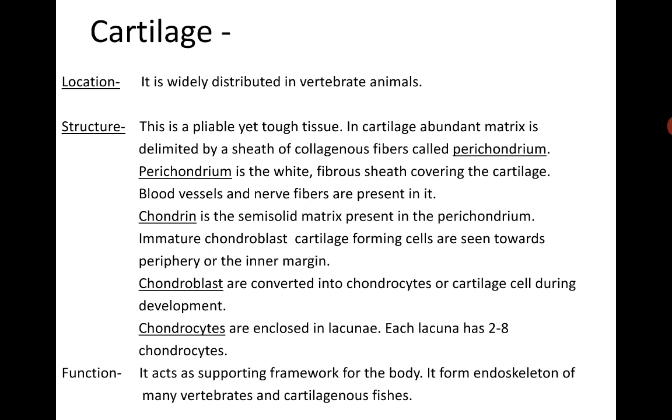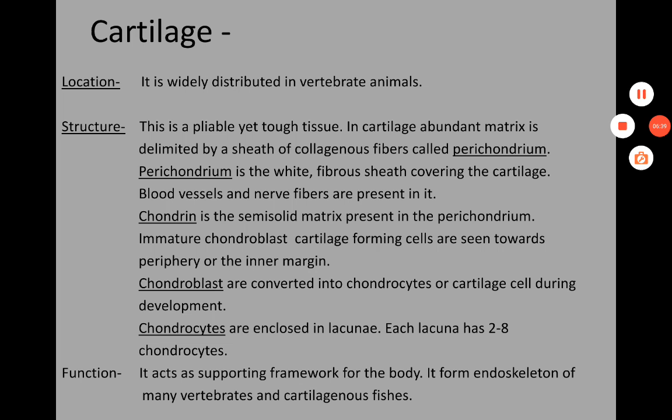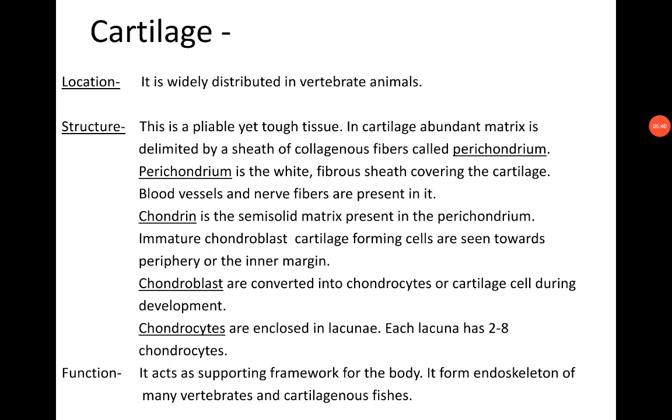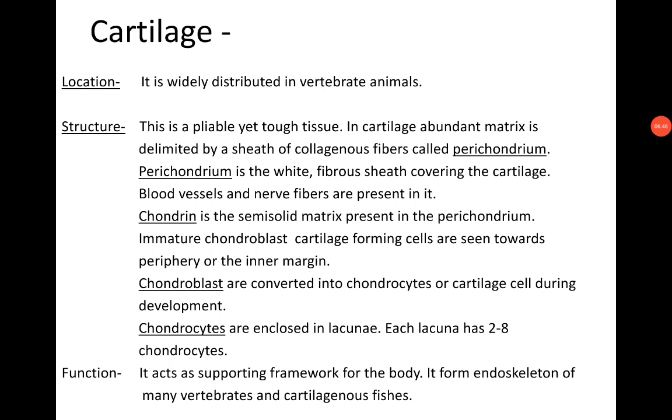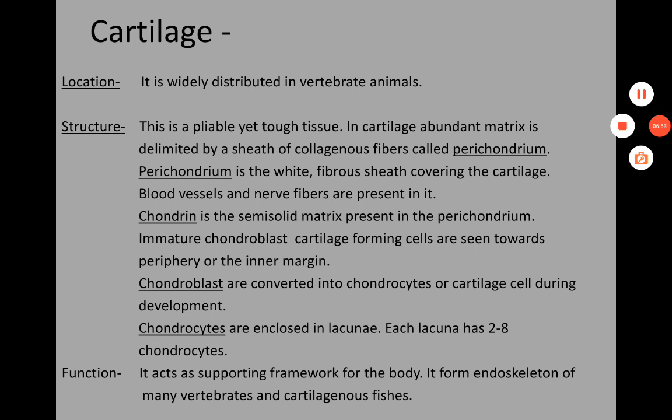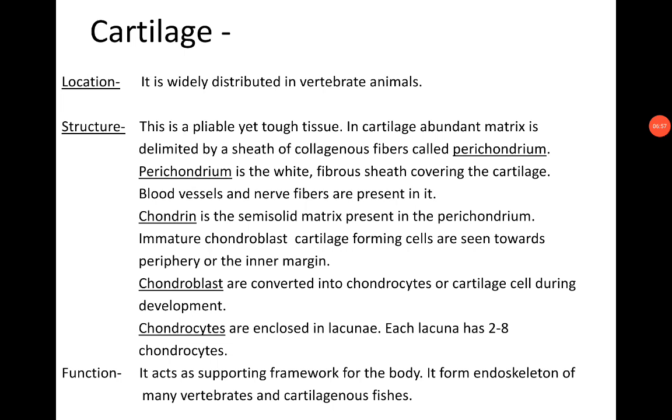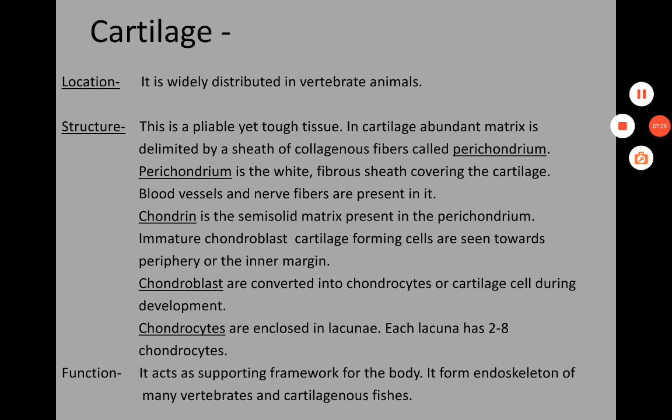Exoskeleton is an outer covering and endoskeleton is an inner covering. Means the inner skeleton is called endoskeleton. The skeleton outside of the body is called exoskeleton. So this tissue creates a framework for the body in many vertebrates as well as cartilaginous fishes.